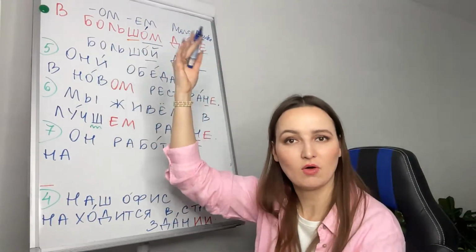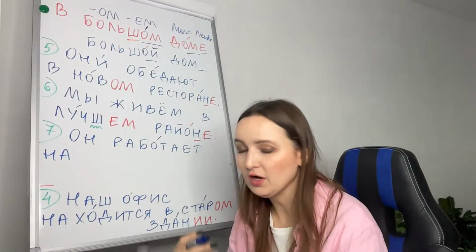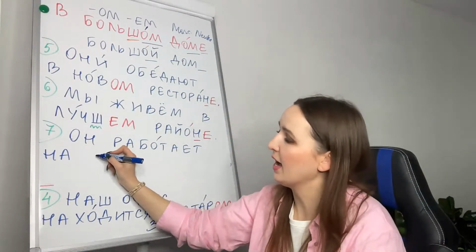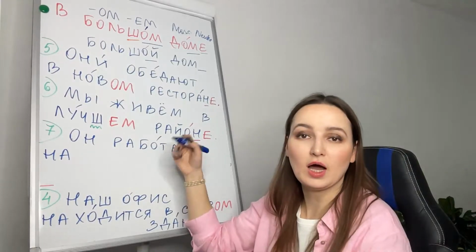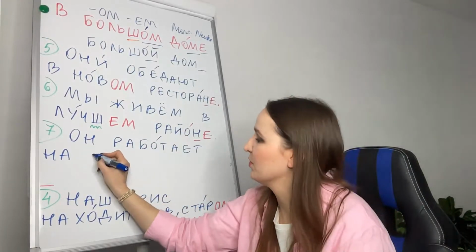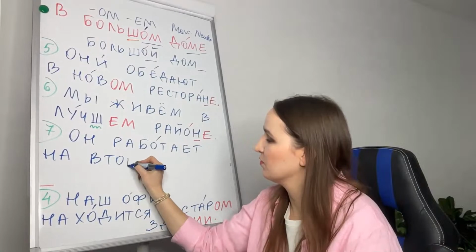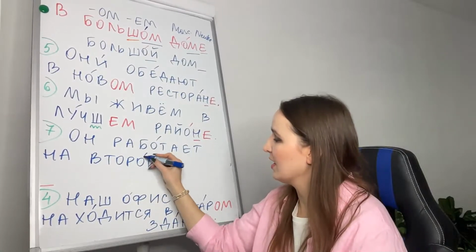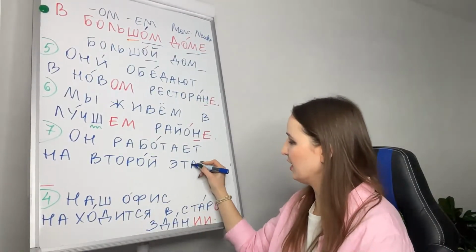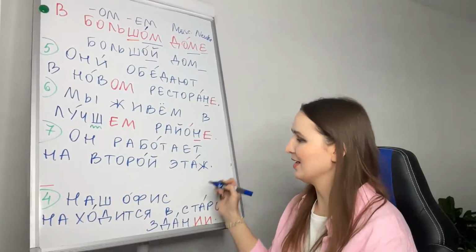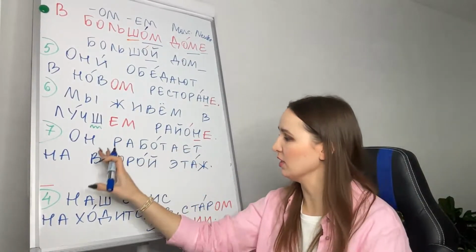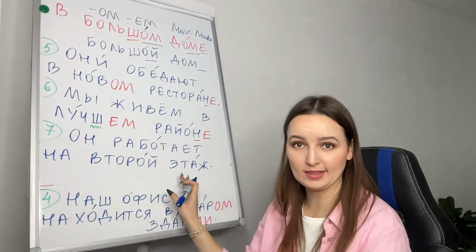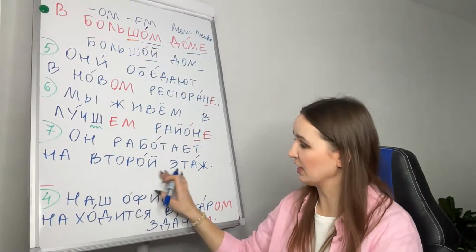На, on the second floor. Here I will write second floor in nominative. Второй этаж. Второй этаж, second floor.